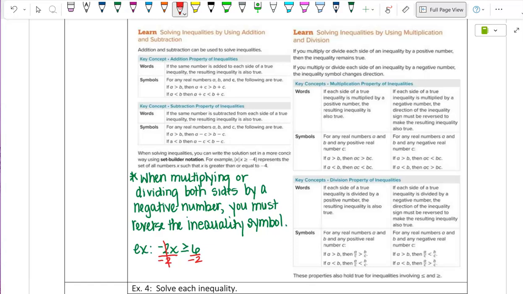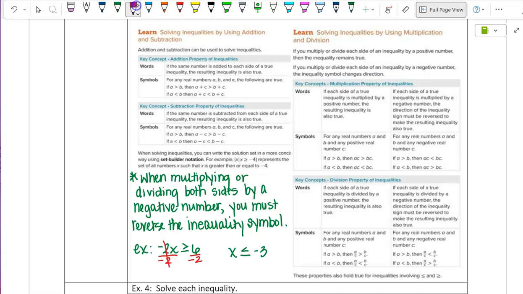When we do that, that inequality symbol is going to go from greater than or equal, we're going to flip it the other direction. It's going to become less than or equal to. So this becomes x is less than or equal to negative 3.